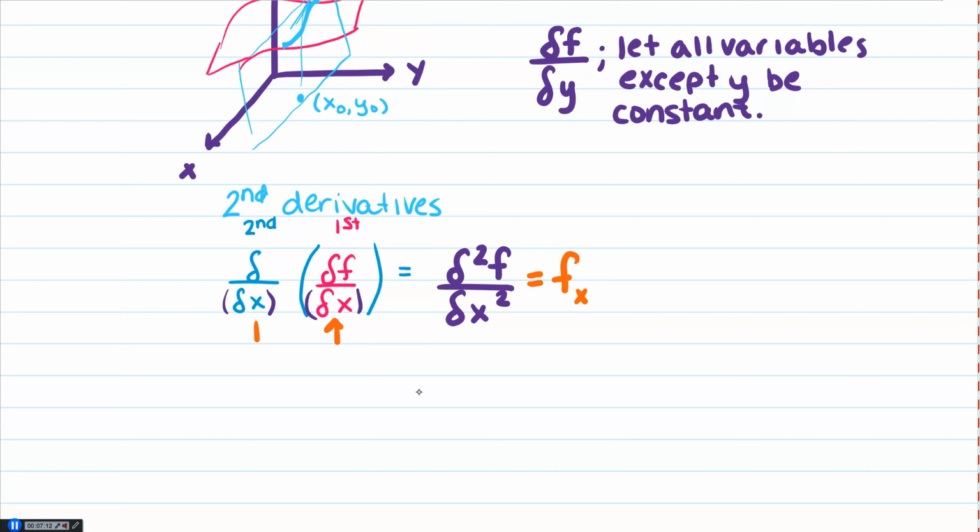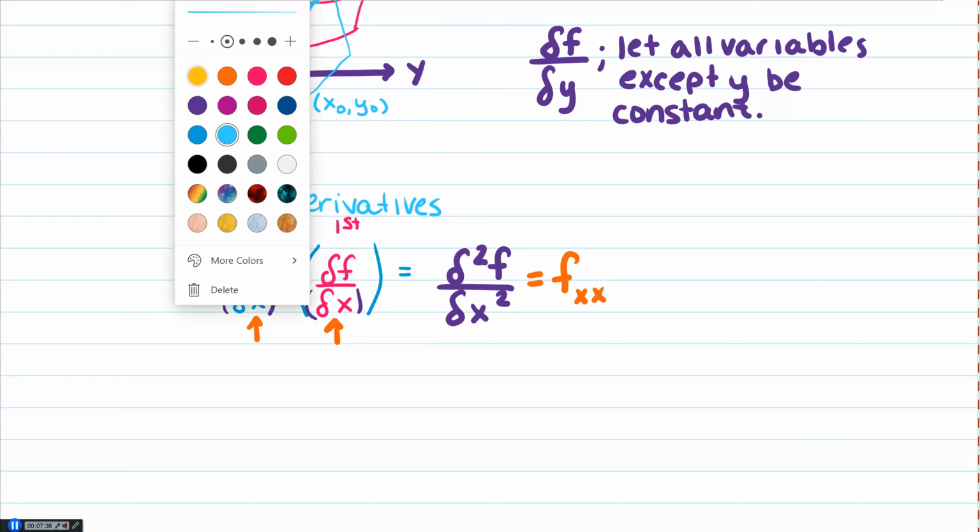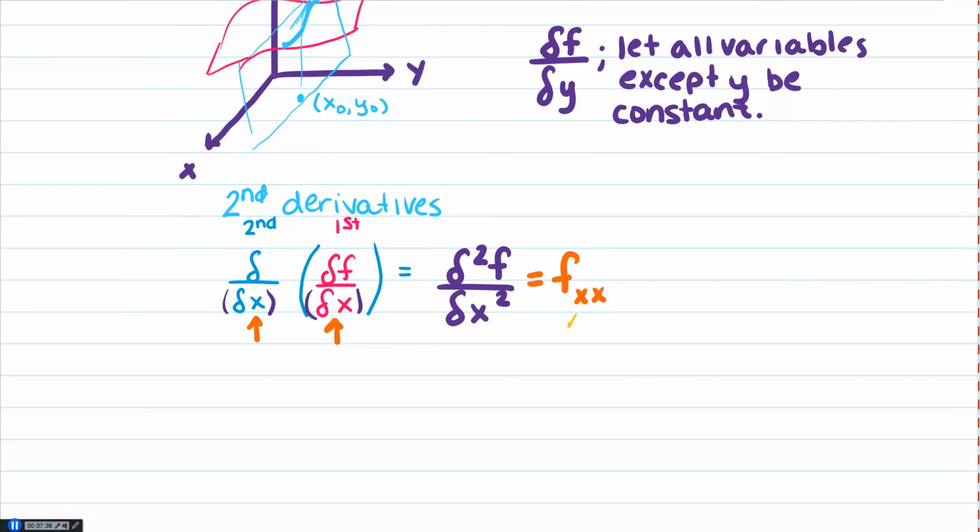And then the second we did was x again, so we'll put another little x. So if you see d dx of df dx, or you see d2f over dx2, that means f sub xx. So the first partial derivative with respect to x, and then the second with respect to x again. So these go in order: first, second.